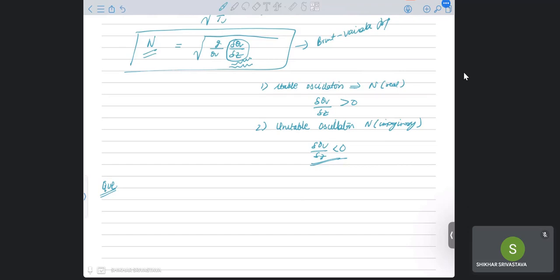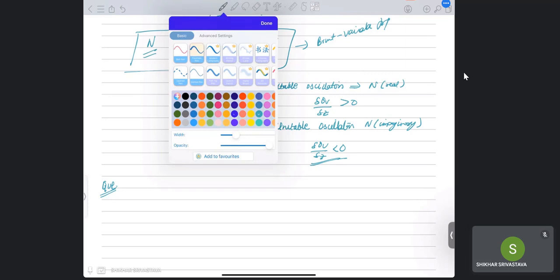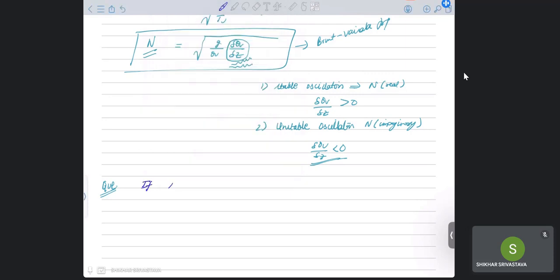For example, one question based on this formula is, if the potential temperature of environment, that is theta V, is increasing at rate of 3 Kelvin per 100 meters.